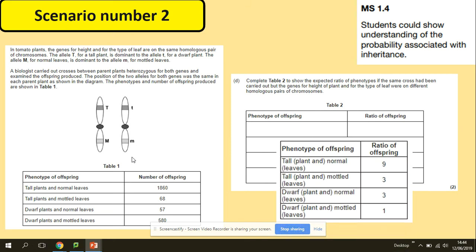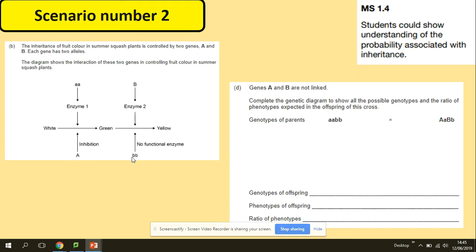So the ratio for this will be 9:3:3:1. And then the phenotypes will stay the same but with a different ratio. Hence, I would strongly recommend you remember those 4 ratios that we mentioned at the beginning of the video.